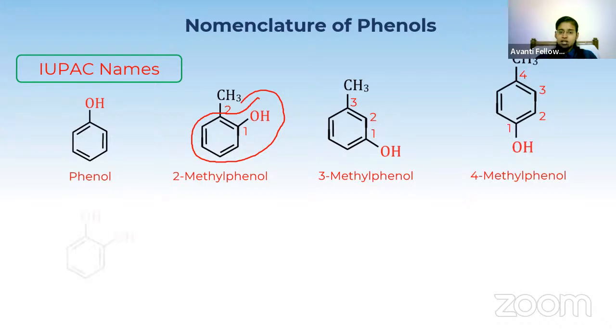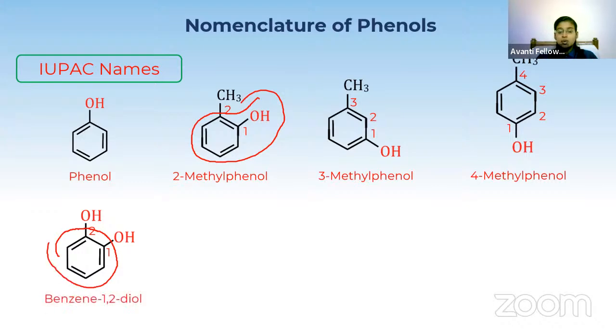Then if I come to this catechol. Catechol is the common name of this compound with 2 adjacent OH groups attached. But still I have to number. Even though both of them are OH, still I have to number. So this part is taken as benzene. It is benzene 1,2 diol. And this is also called 2-hydroxyphenol.